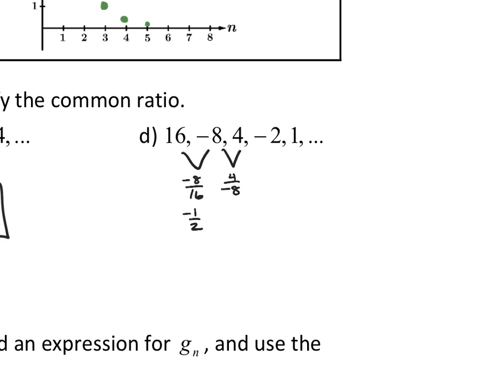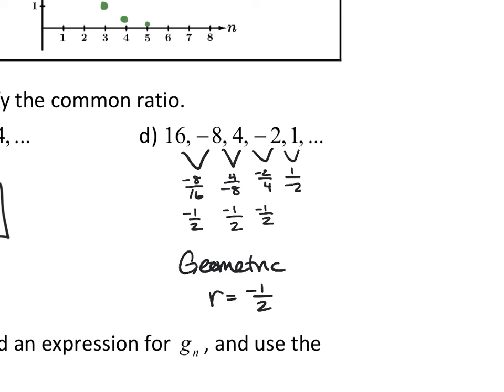What does that also reduce to? -1/2. Then we do -2 divided by 4. Oh, look, that's still -1/2. And then we do 1 divided by -2. That's -1/2. Since all of those numbers are the same ratio, this actually is a geometric sequence, and the common ratio is the number -1/2.